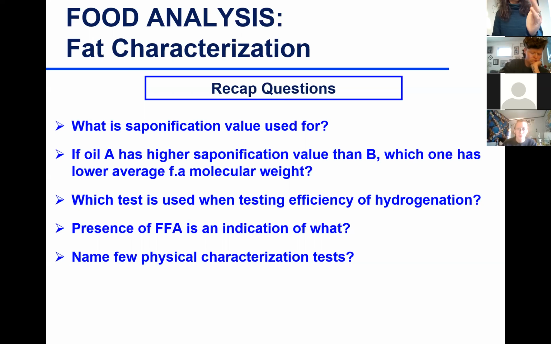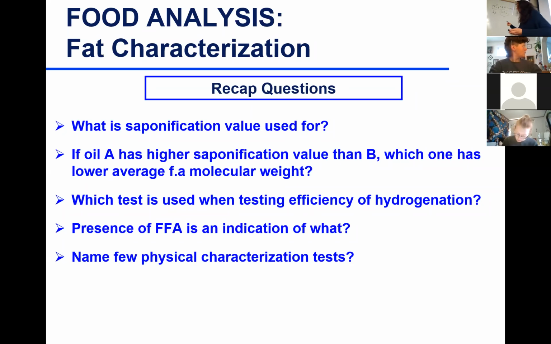So the larger the saponification value, the more molecules of triglycerides you have in 1 gram of sample. Just think about it for a little bit. Pause and repeat the recording so that it clicks in your mind what I'm talking about here.